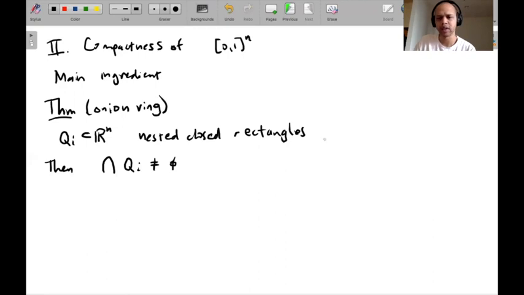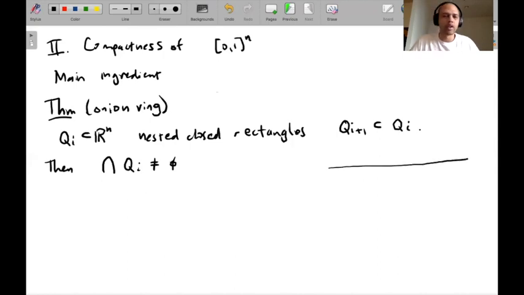So here nested means that Qi contains Qi plus 1 and so on. Right, so this is the statement. So the picture is, let me just draw a picture in dimension 1.